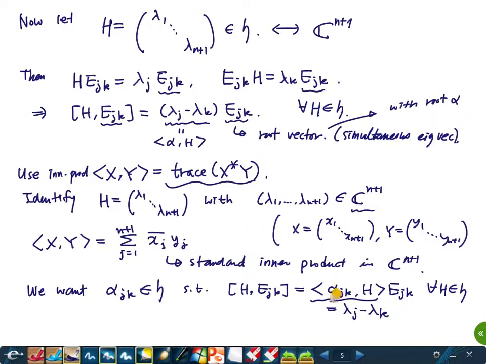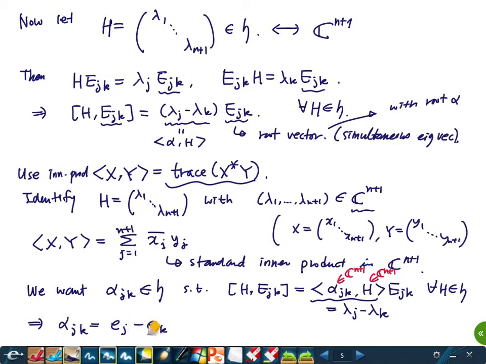For which vector? Now think of this as an element in C^(n+1). Also this element in C^(n+1). We want to have an inner product so that we can extract the jth component minus the kth component. How can we find such a vector? Actually, it's just Ej minus Ek.